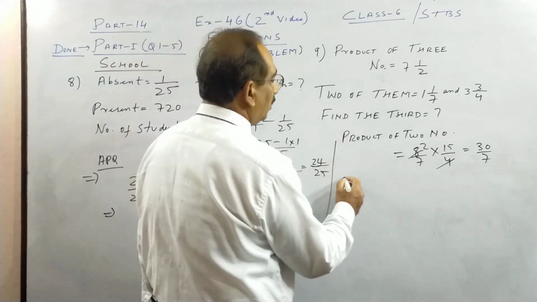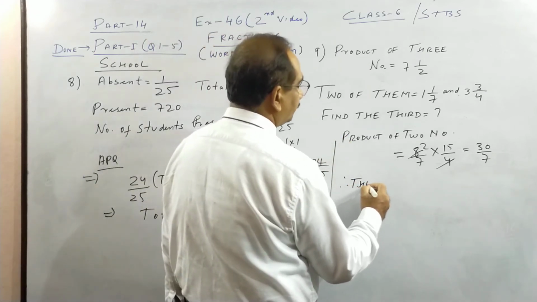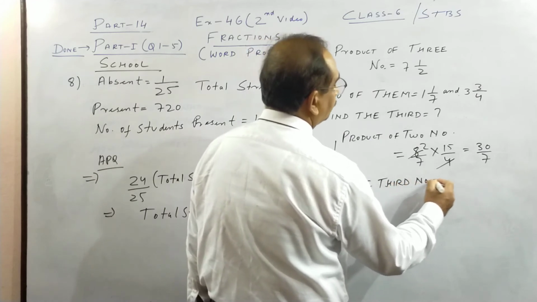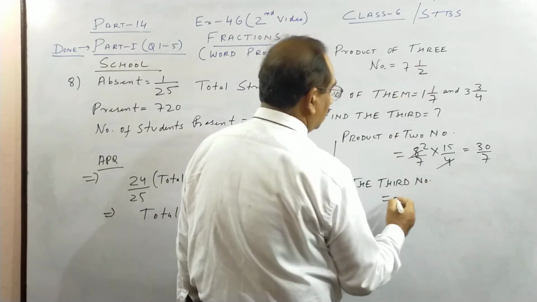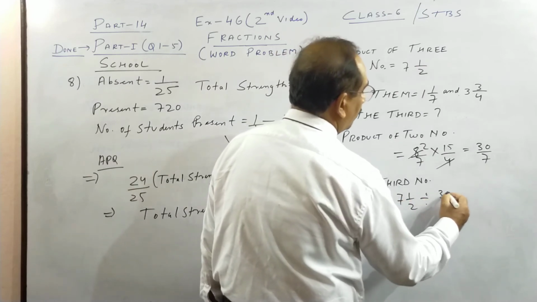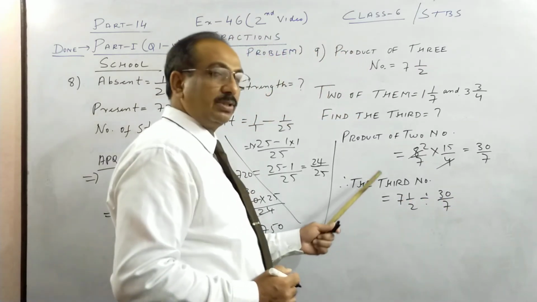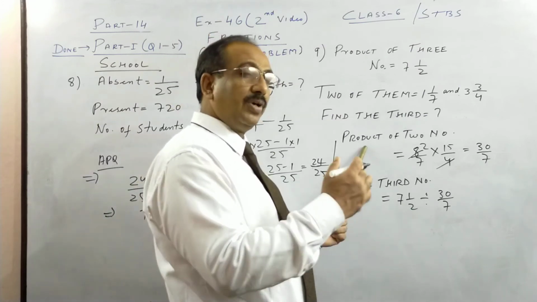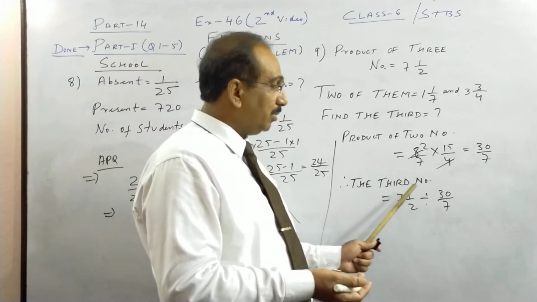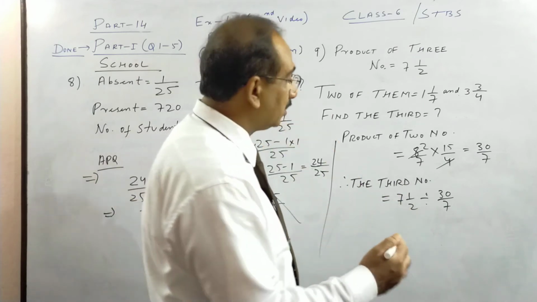So therefore the third number is the product of the 3 numbers divided by the product of the 2 numbers. I have explained to you by giving you the example of 24, and the product of 2 numbers is 6. So the product of 3 numbers divided by the product of 2 numbers gives you the third number.